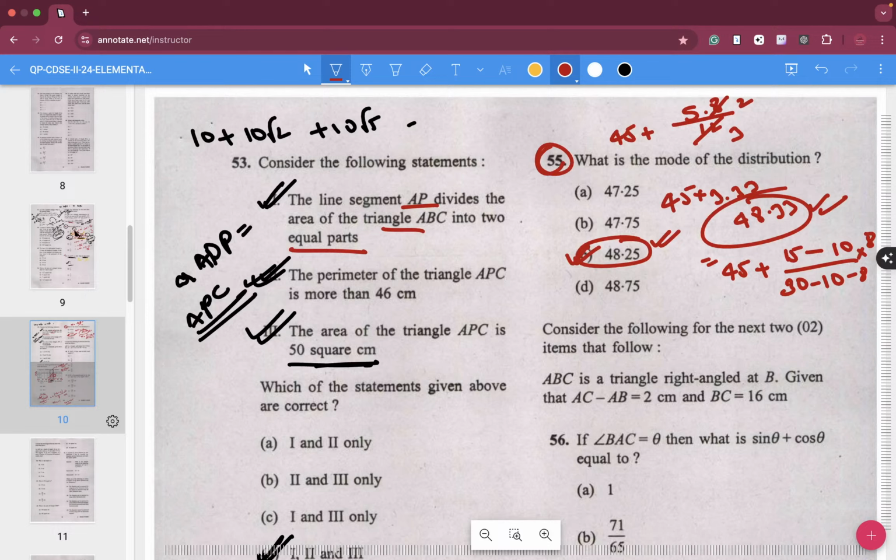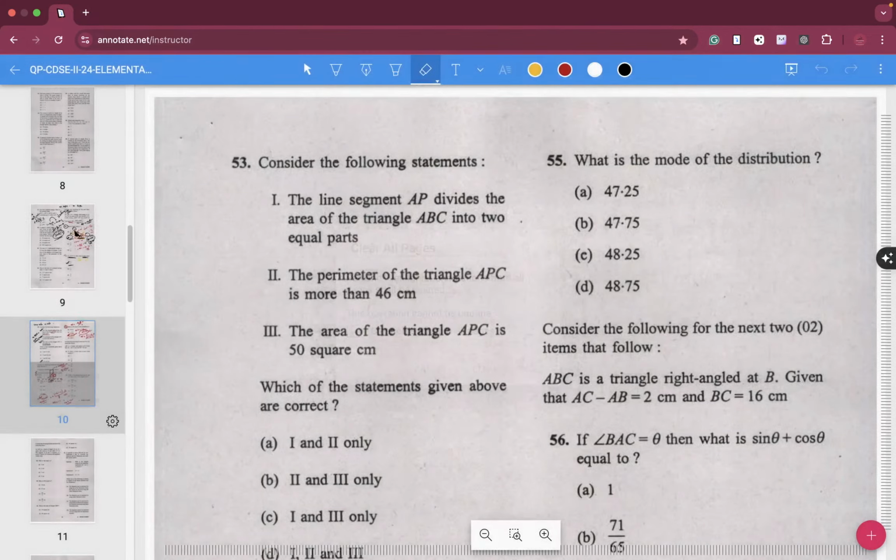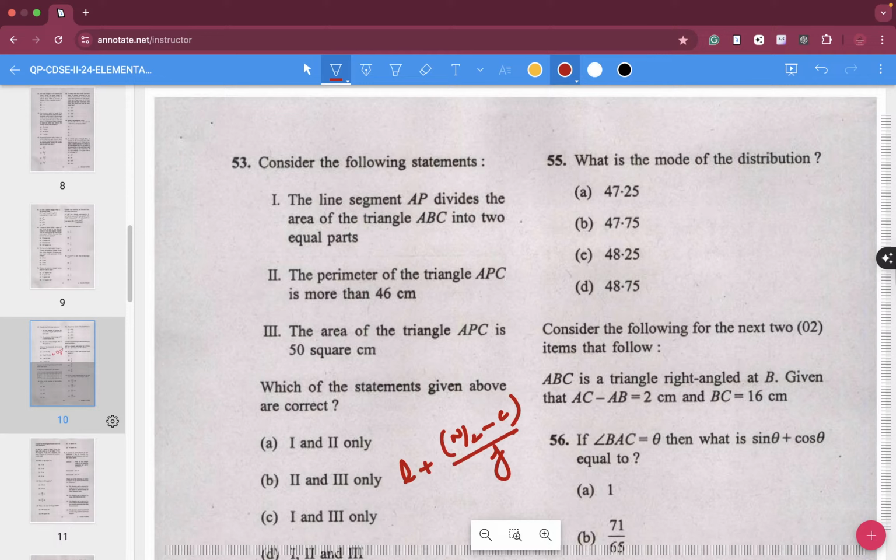As far as I know, we have the standard formula in order to find out the median. The only two formulas you have to remember: L plus n by 2 minus C divided by f into h. This is for the median.